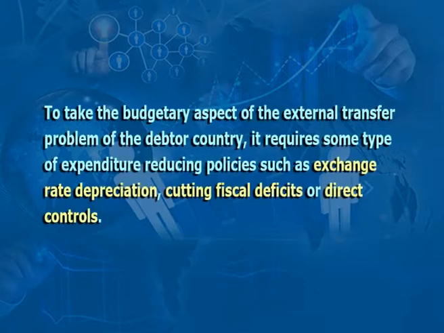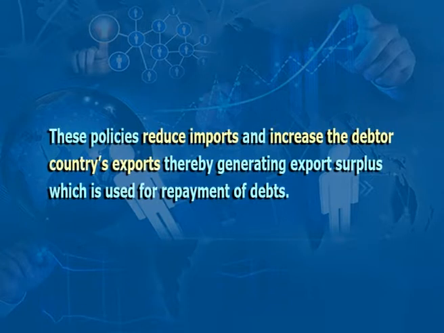To take the budgetary aspect of the external transfer problem of the debtor country, it requires some type of expenditure reducing policies such as exchange rate depreciation, cutting fiscal deficits, or direct control. These policies reduce imports and increase the debtor country's exports, thereby generating export surplus, which is used for repayment of debts.